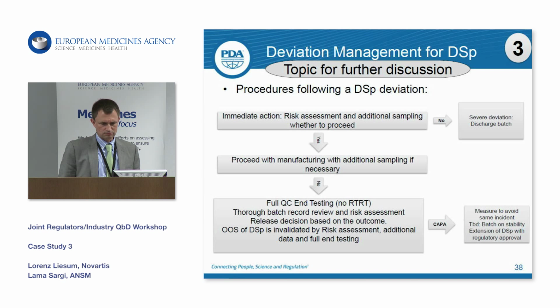And the outcome could be that the batch might be released if all those data, the additional data, the full end testing and the risk assessment lead to the decision that the OOS of the design space is invalidated.